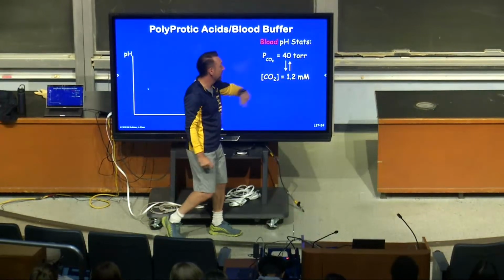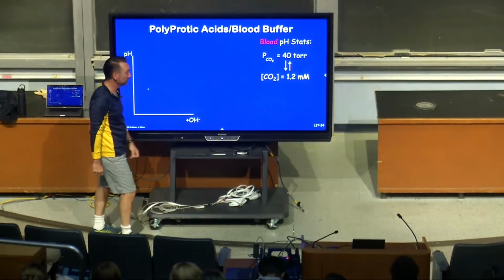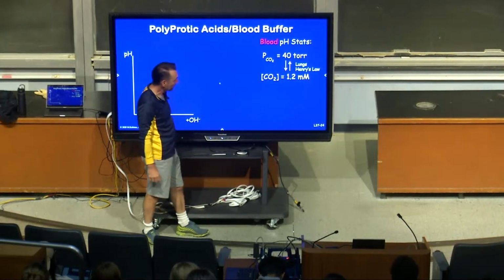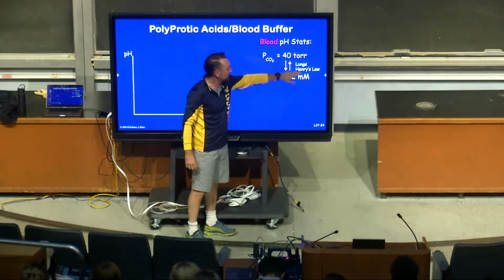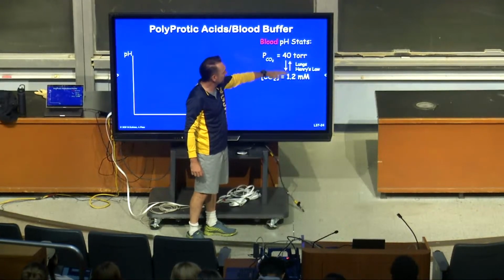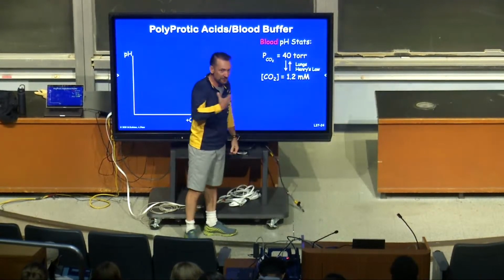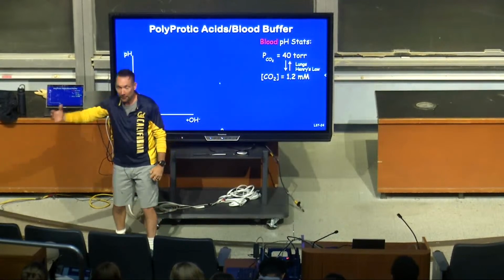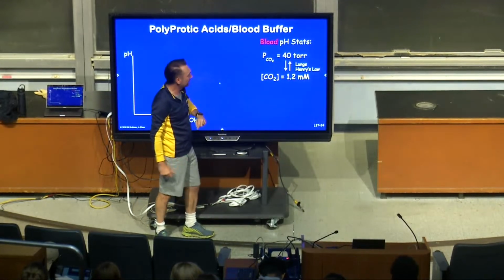That stays at about 1.2 millimolar. So that's called Henry's law. I don't think we named it. We might have named it. But this is just your heterogeneous equilibria. So your lungs are helping you maintain this concentration.